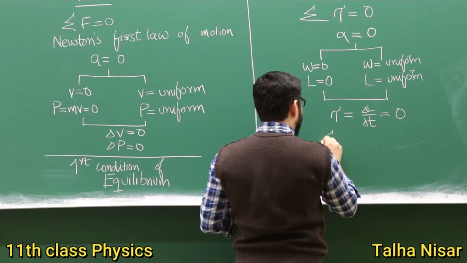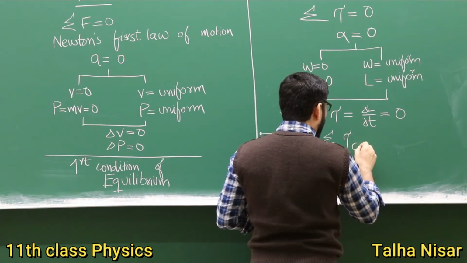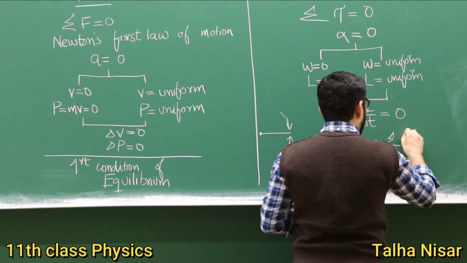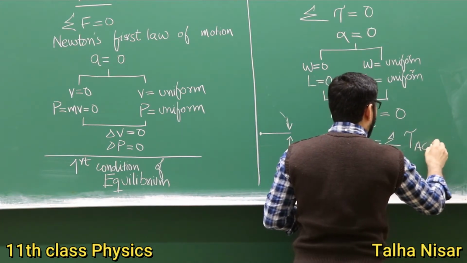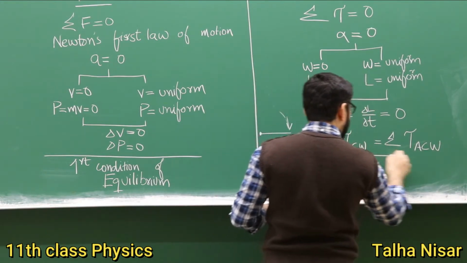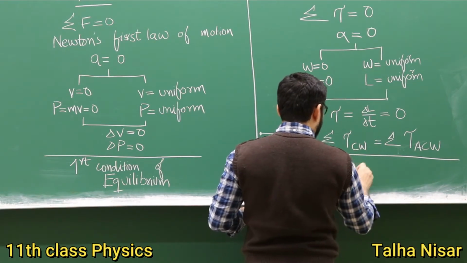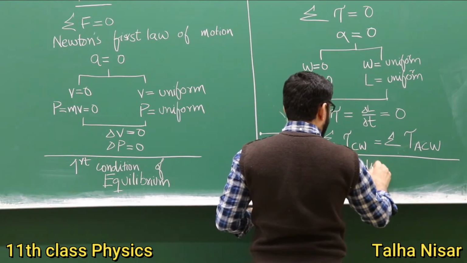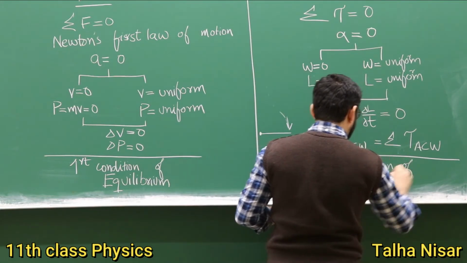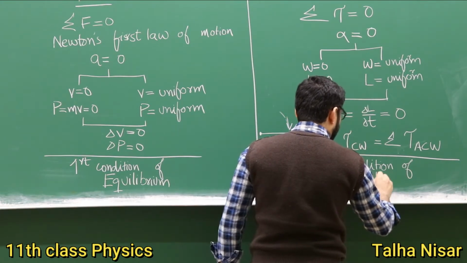Which means that the sum of the clockwise torques is equal to the sum of the anti-clockwise torques. So this is the second condition of equilibrium.